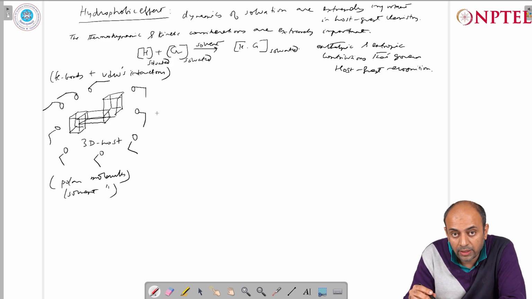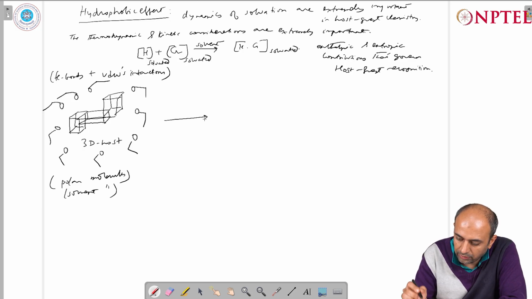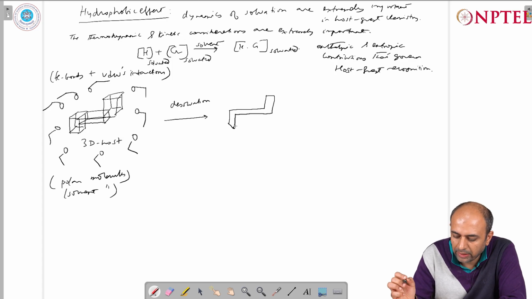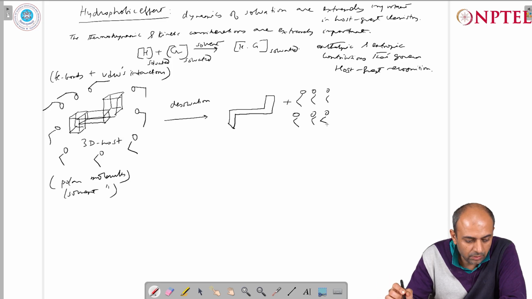Now if a host has to complex with a guest, the first process is the desolvation process. During the process of desolvation, now I would represent this 3D host in a slightly simplified way just for the sake of discussion. I am considering this to be my 3D host now, and the desolvation has happened and the solvent molecules are now released away.